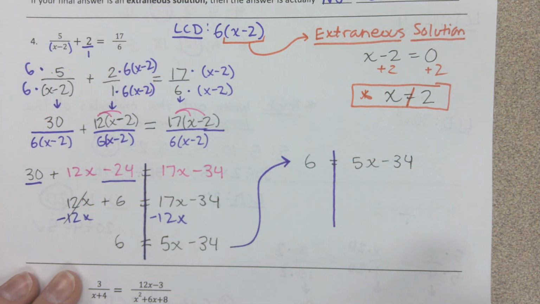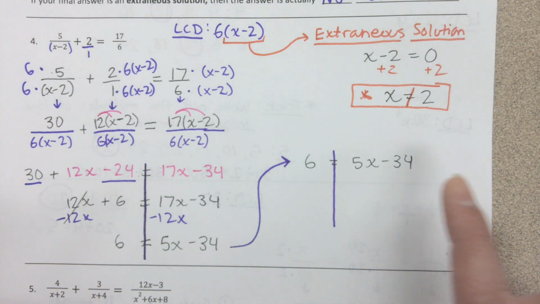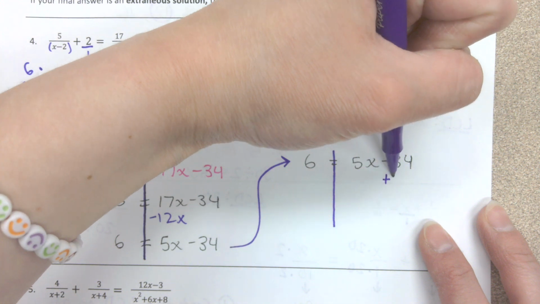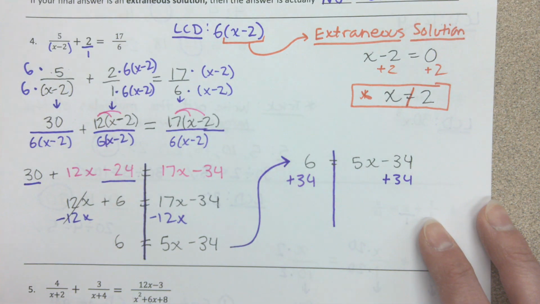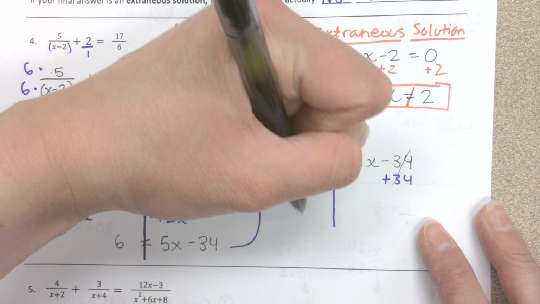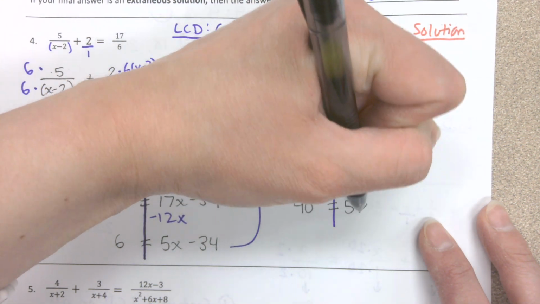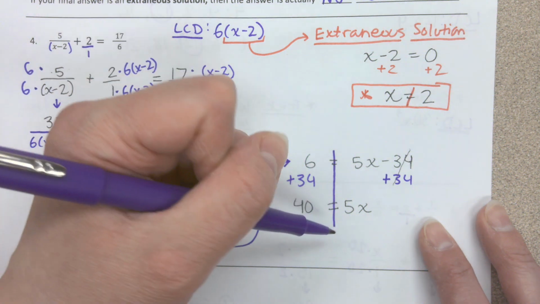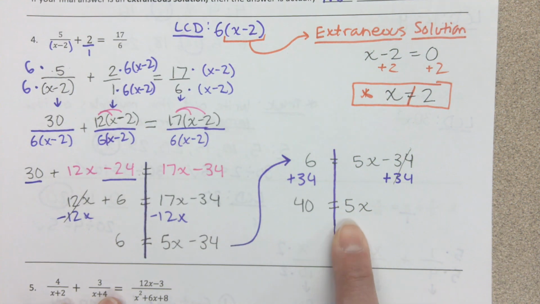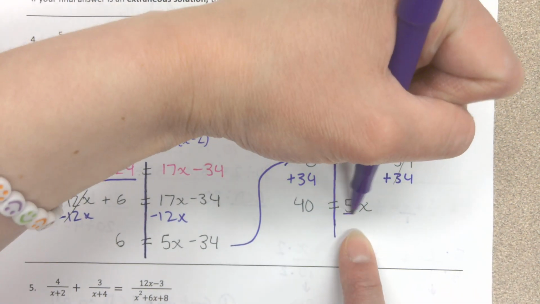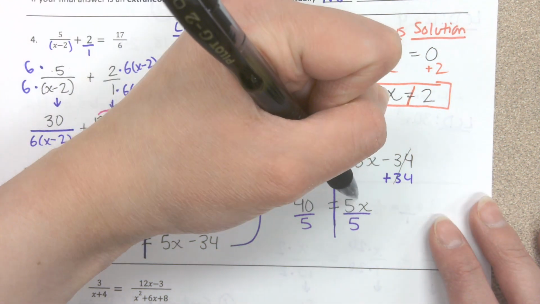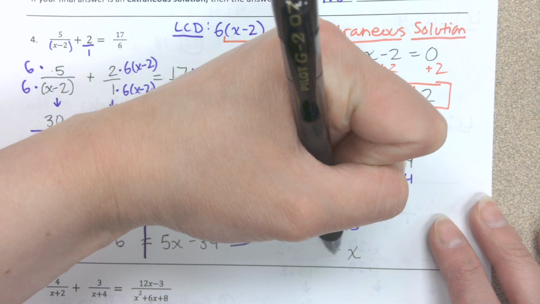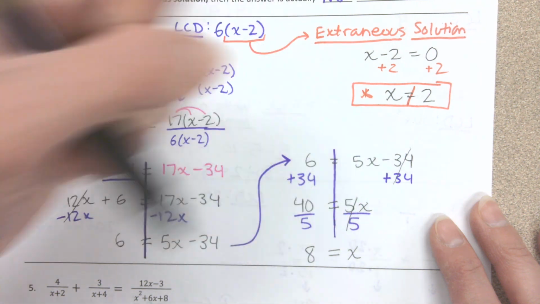Two steps from here. First, we move the constant. That's a negative 34. I will add 34 to both sides. 34s cancel. 6 plus 34 is 40, equals 5x, last step. We need to get the x by itself. We'll divide off the 5 on both sides. 5's cancel, and we have x equals 40 over 5 is 8.